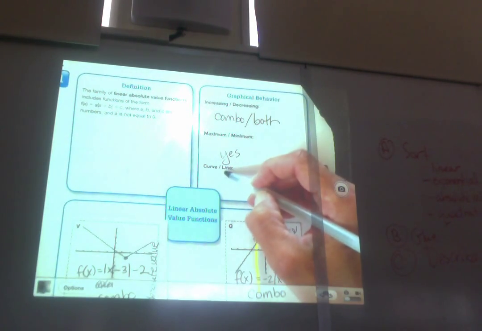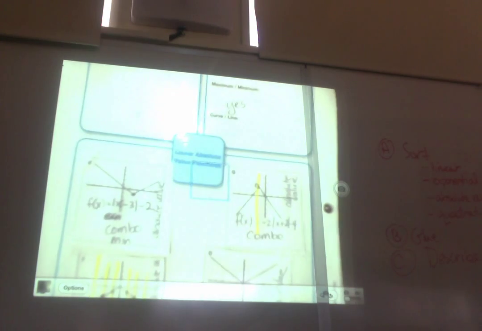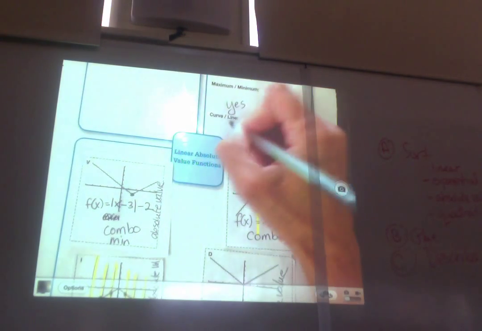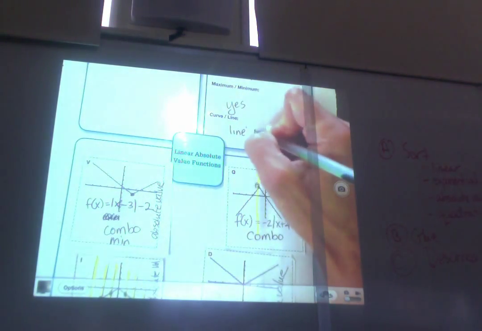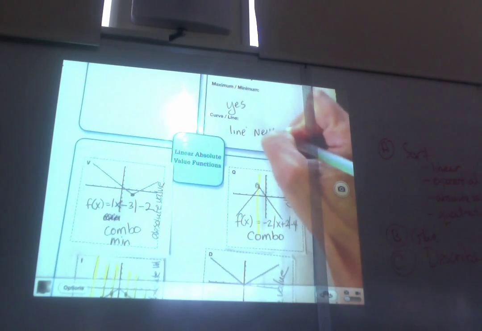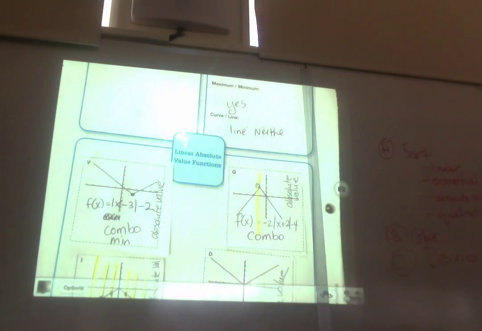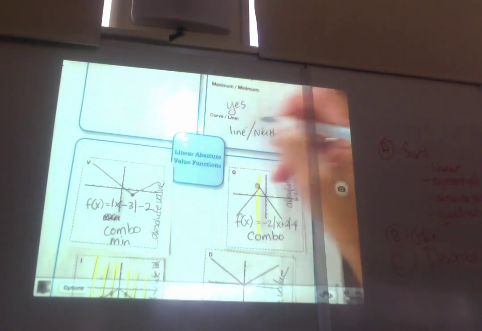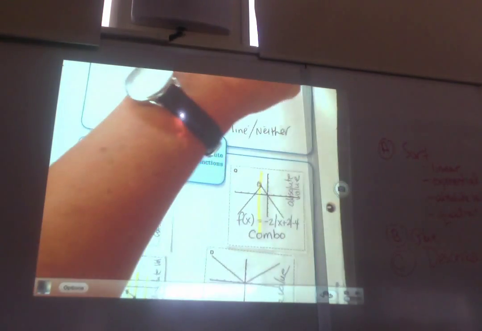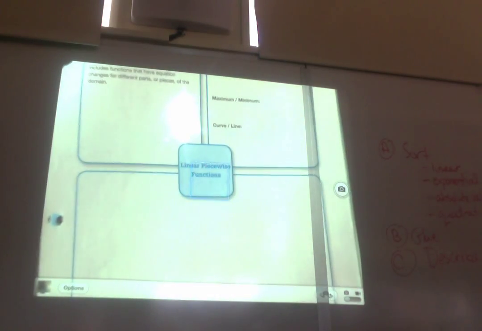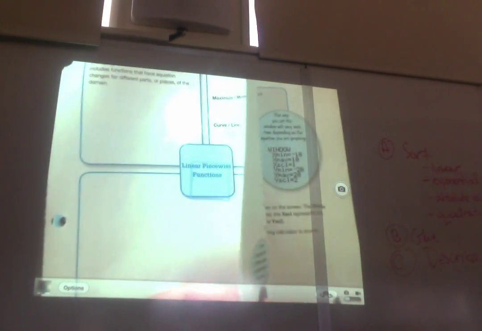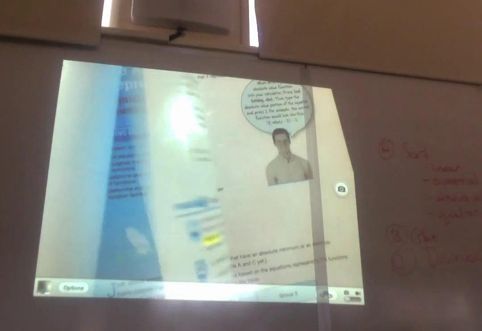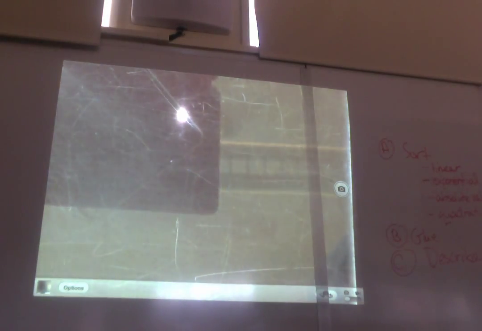Are they curved or a line? You could say line, you could say neither. They're a broken line. You can tell they don't have a curve, but usually when you think of a line, it's straight to infinity in both directions. However you chose to describe that is fine. Okay, we're skipping piecewise.